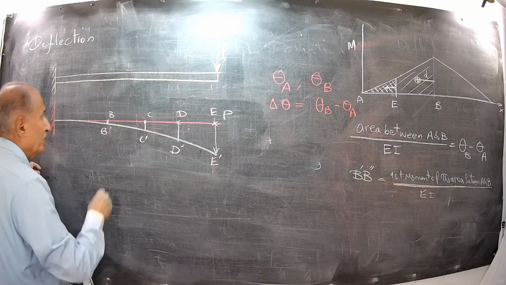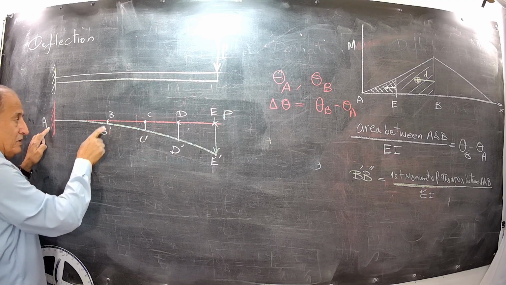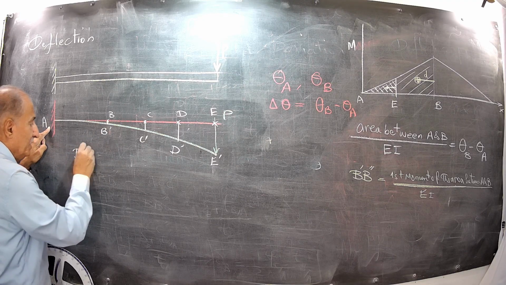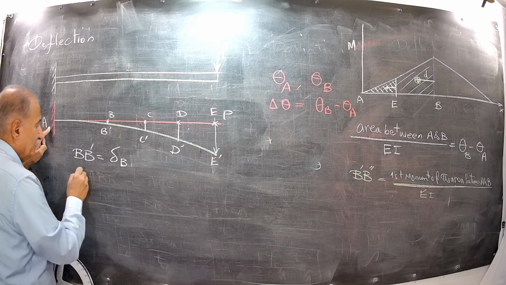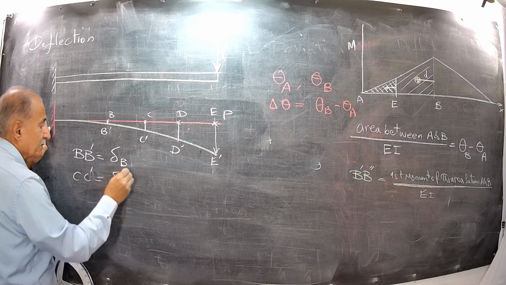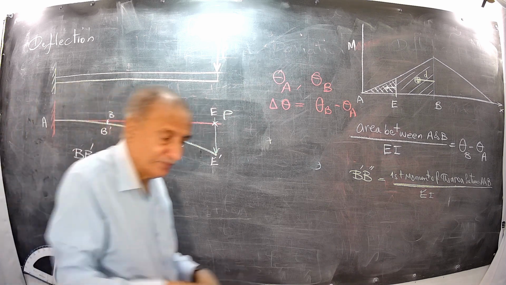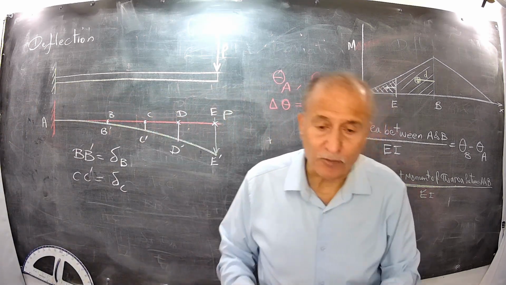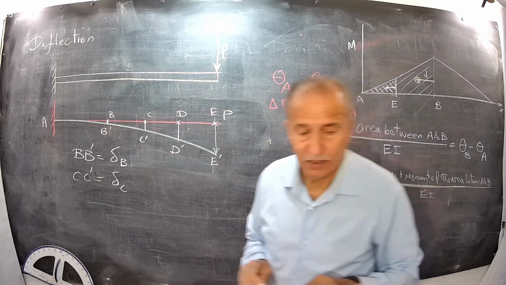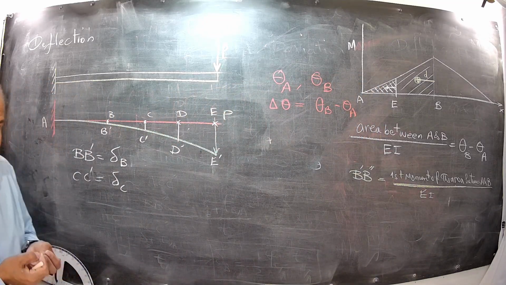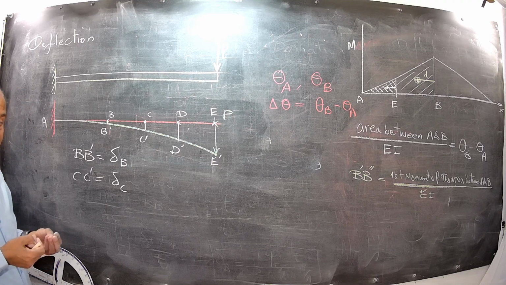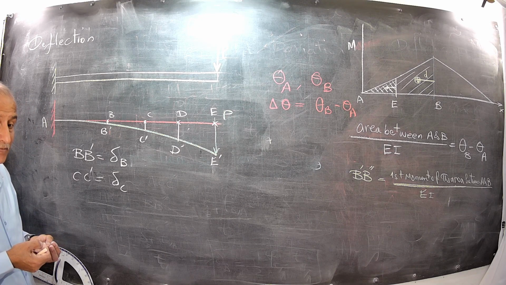How do we show them? BB prime is delta B. CC prime is delta C. The rest the same. What about the deviation of this point? Deviation means the distance from a tangent as a reference.